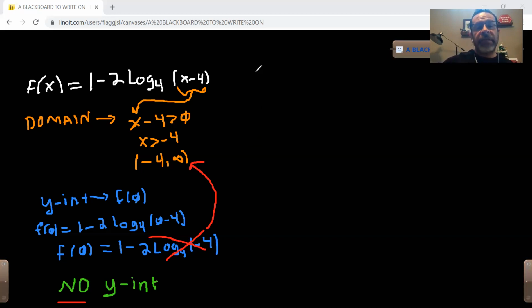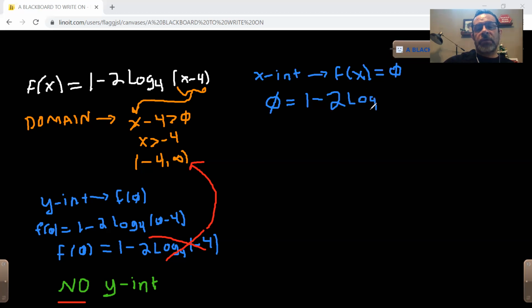Now let's look at the x-intercepts. For the x-intercepts, we are finding f of x equals 0. So we've got 0 equals 1 minus 2 times the logarithm base 4 of x minus 4. And we'll start manipulating this.